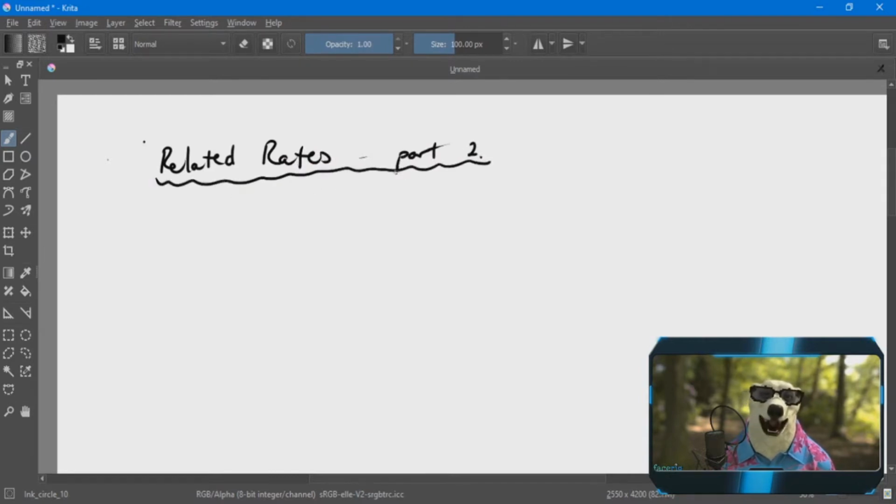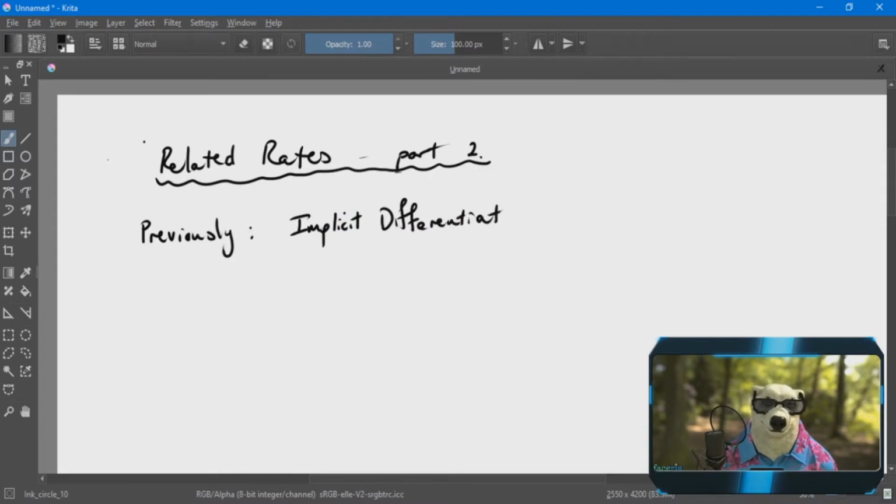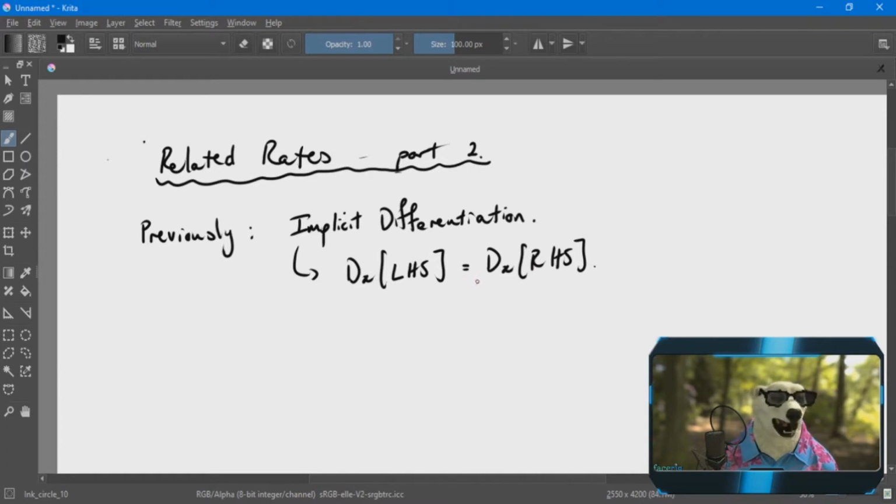Before we talked about how do I find the derivative if I don't have a function in a nice explicit form, but rather part of an equation, sort of hidden inside an equation, and that we do by what we call implicit differentiation, where I simply take the derivative of the left-hand side of the equation and the derivative of the right-hand side of the equation, and they have to be equal to each other as well.